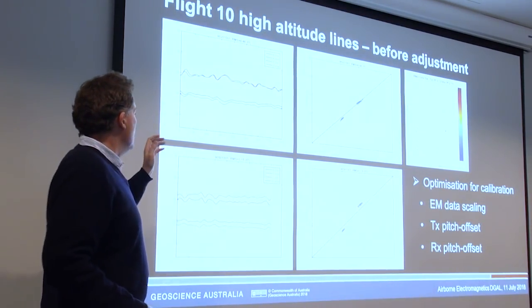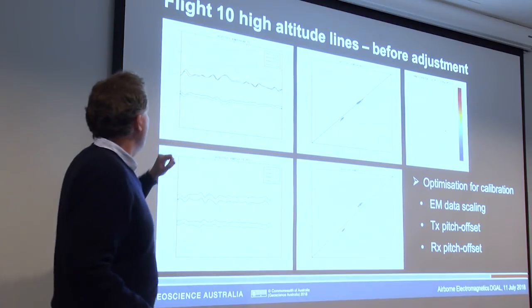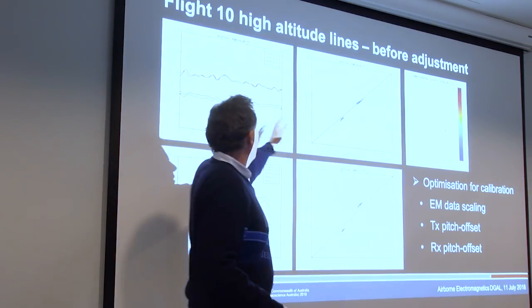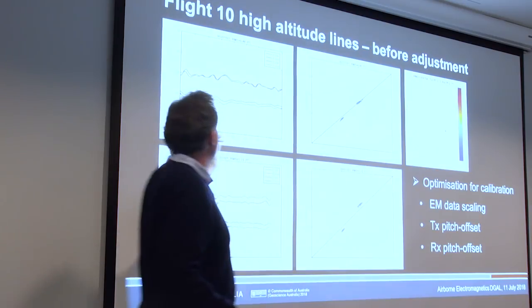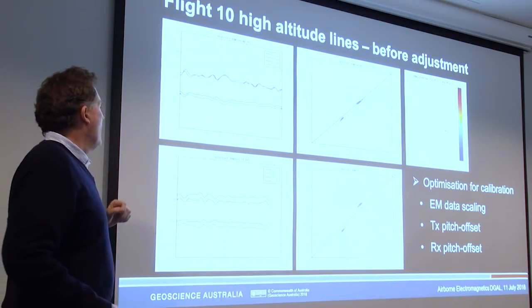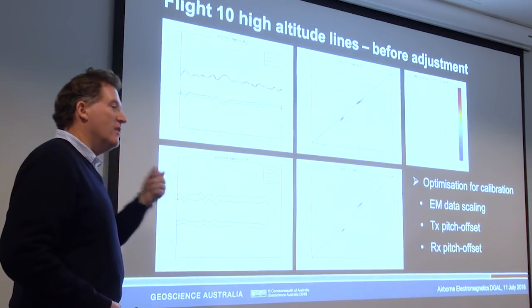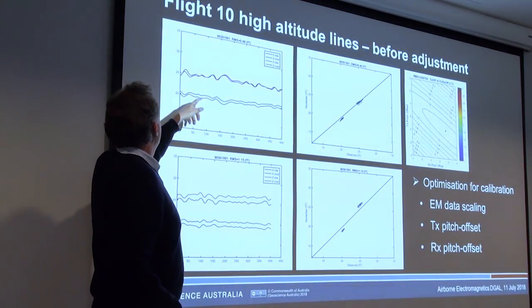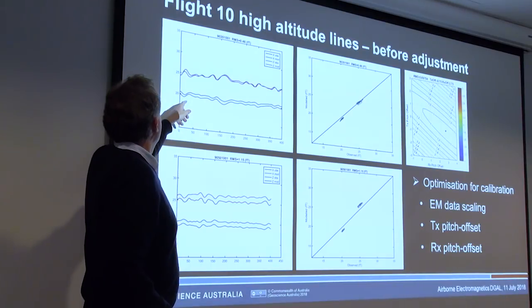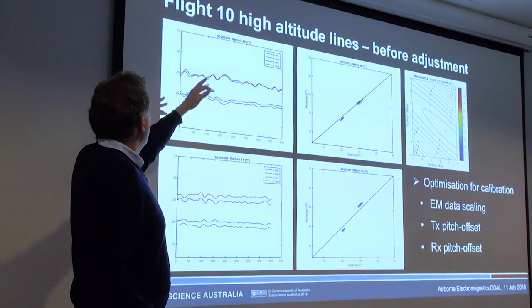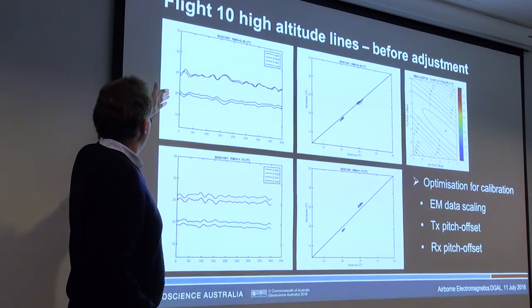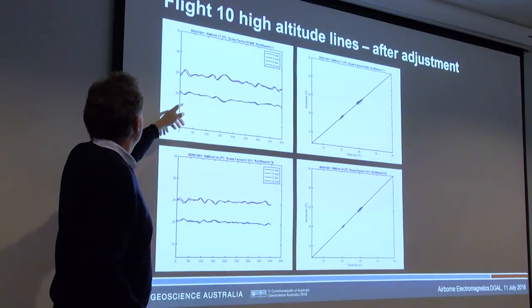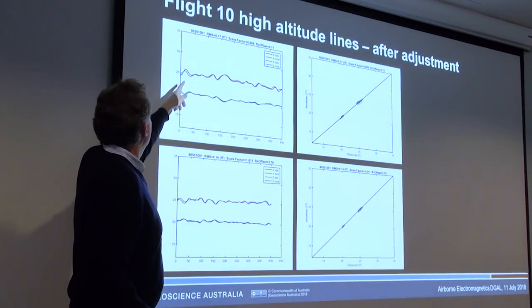This is two examples from one flight. The top panel here shows two different plots of the modelled and the observed data for a vertical component and the horizontal component. This is before the flight and after the flight. So you can see there's a bit of a mismatch between the two.